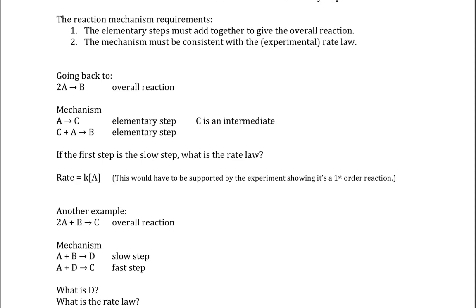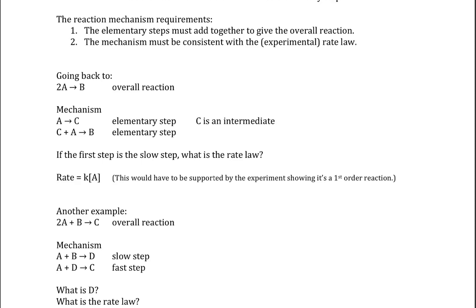And we would have to make sure that our elementary step that we thought is the slow one is consistent with the order. If it's a first order reaction, then that slow step in our mechanism is simply rate equals Ka. And then we would find a way to speed up that slow step.